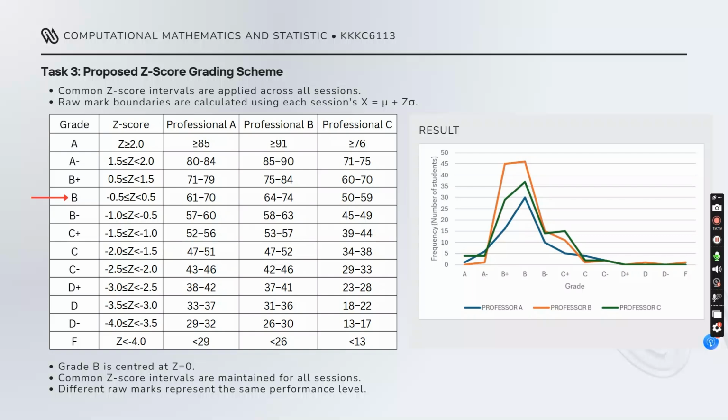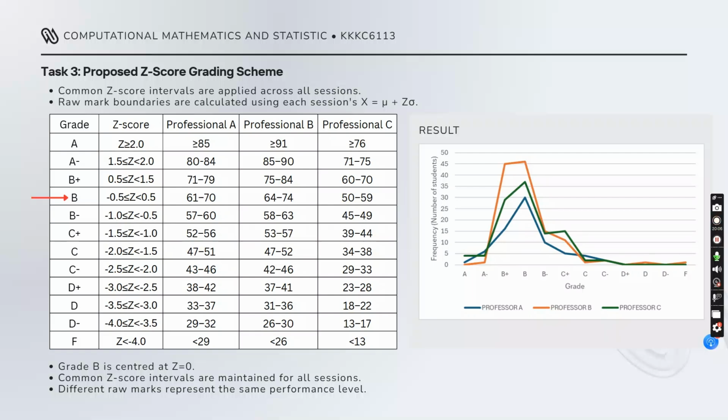For example, students with Z greater than or equal to 2 receive grade A. 1.5 to 2 corresponds to grade A minus, 0.5 to 1.5 corresponds to grade B plus, while negative 0.5 to positive 0.5 represents grade B. The same Z-score intervals are then converted into raw mark ranges separately for each professor using their own mean and standard deviation. Although the numerical mark boundaries are different, the statistical meaning of each grade remains the same.